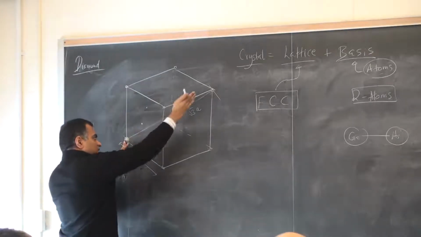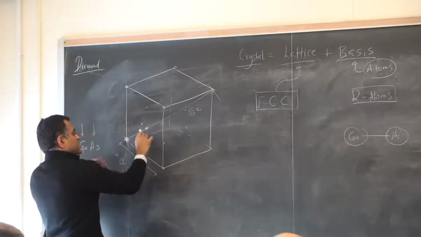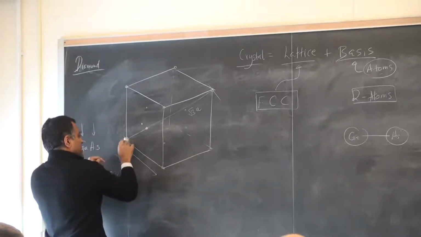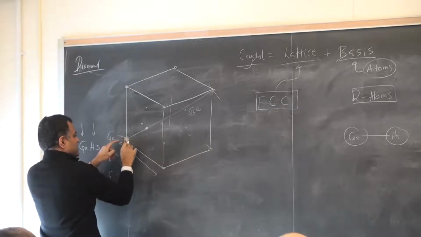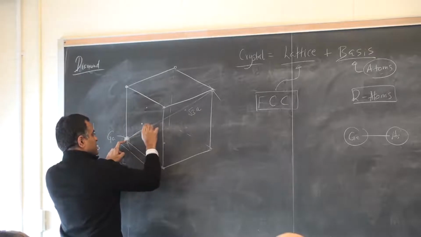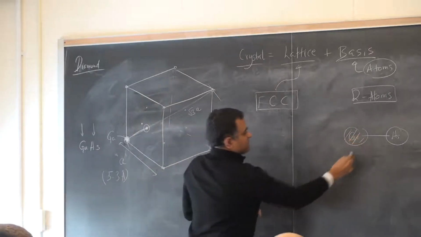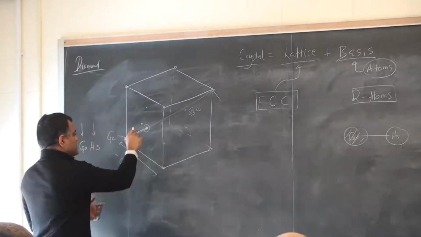And if you go along that direction, just 1/4 of that point is, so this is gallium, let's say. This is where a gallium atom might sit, and 1/4 of the way along is where the arsenic atom will sit. Let's shade the gallium atom as well. So this is the basis.